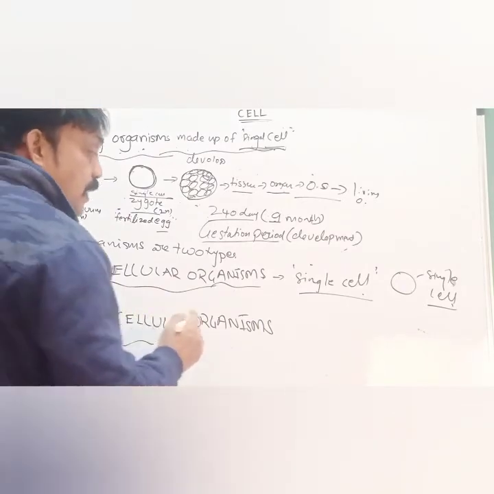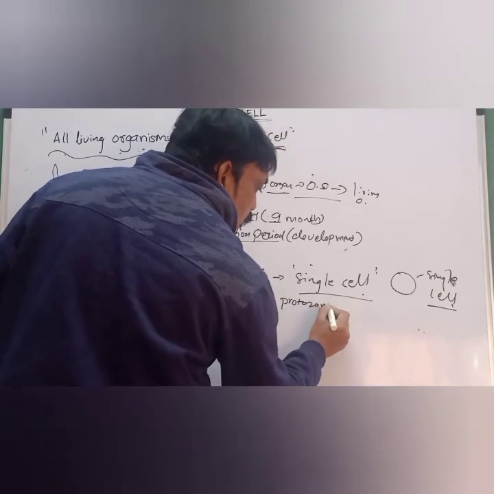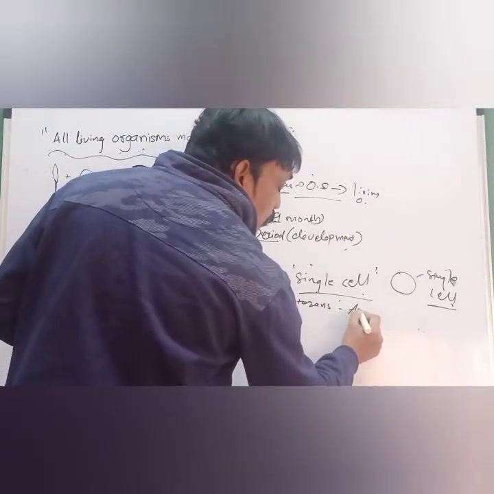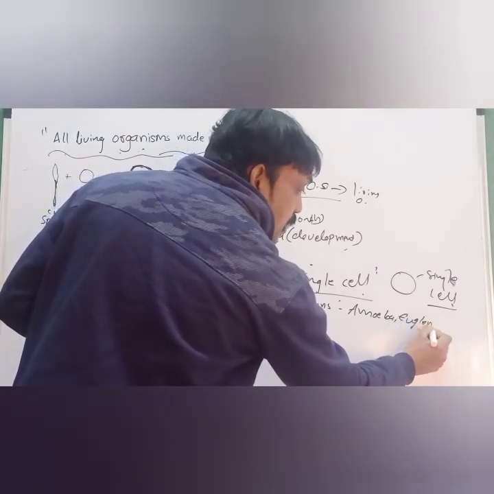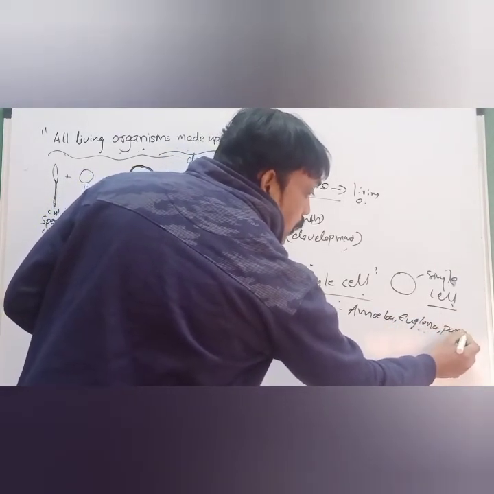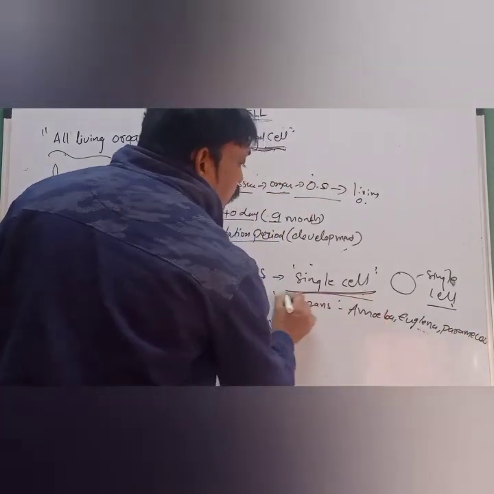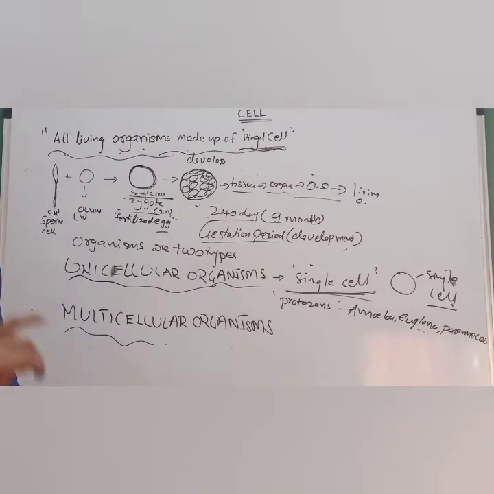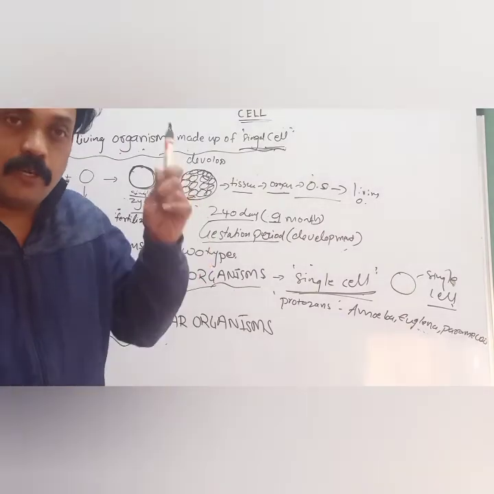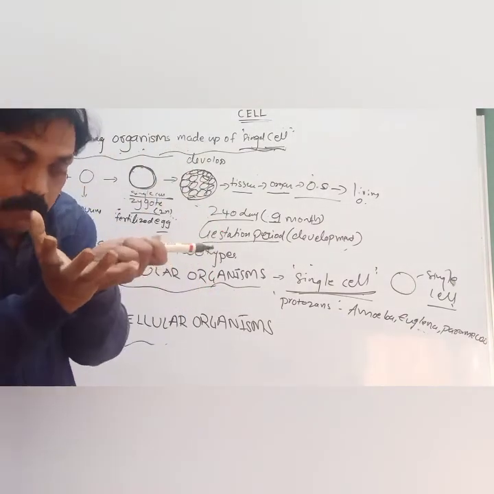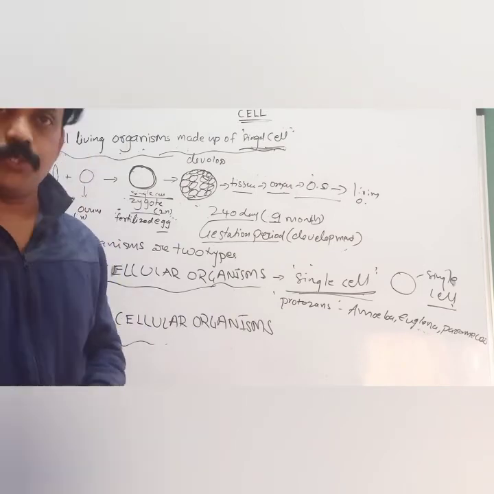What is that? For example, protozoans. All protozoans are unicellular organisms, like amoeba, which we know very well, euglena, paramecium, vorticella. These are examples of single-celled organisms, nothing but unicellular organisms.